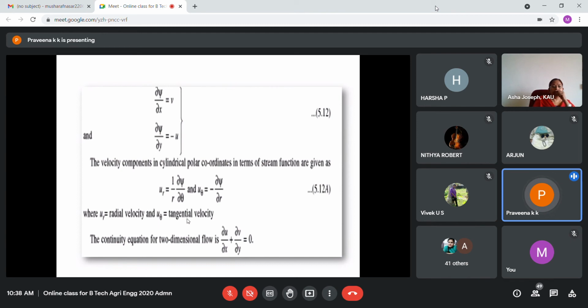By the continuity equation for two-dimensional flow, dou u by dou x plus dou v by dou y will be equal to 0.